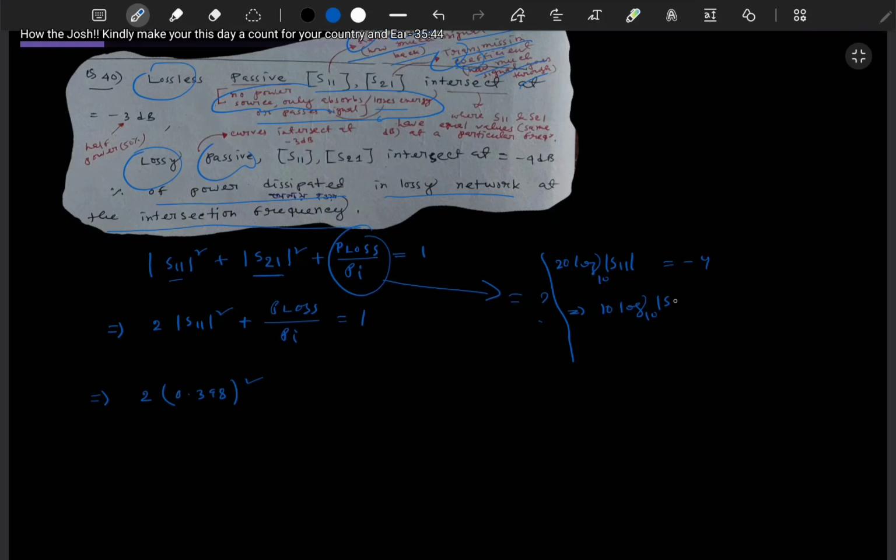So log base 10 of S11 squared equals -0.4. So S11 squared equals 10 to the power -0.4, which is equal to 0.398.